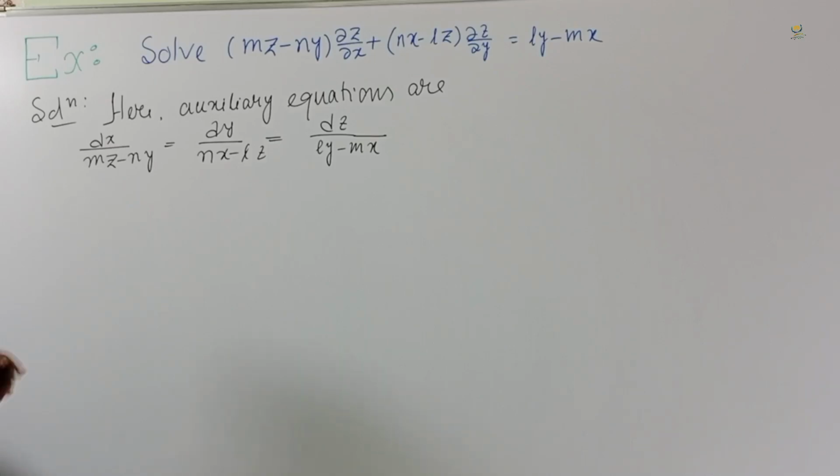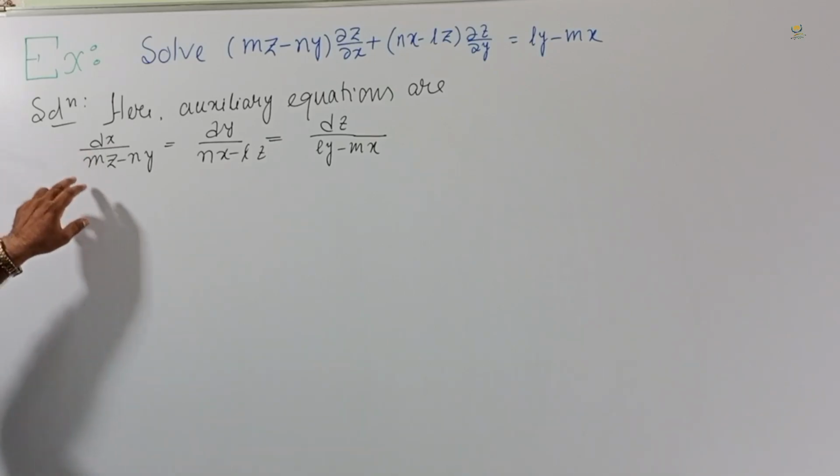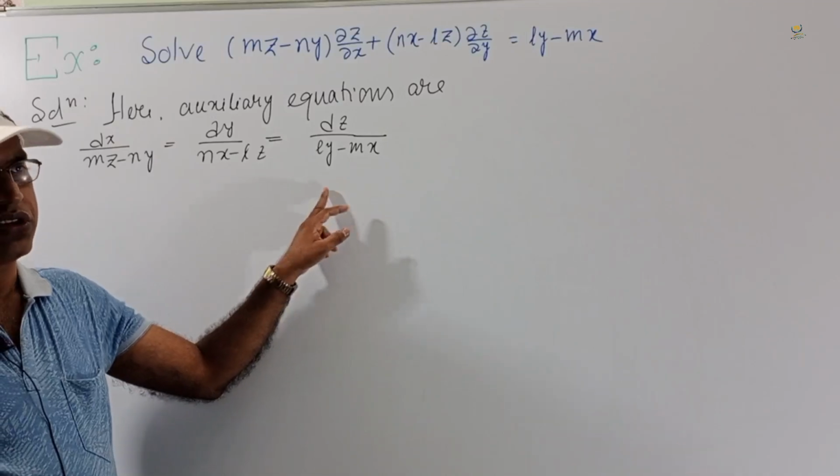Now we take multipliers in such a way that the denominator is equal to 0.